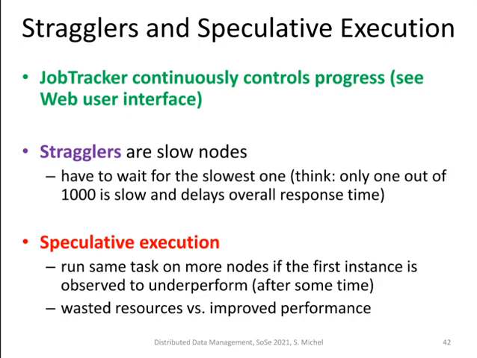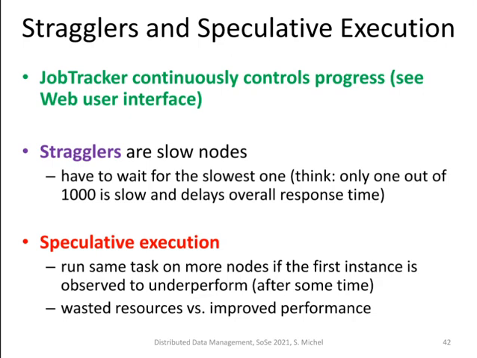There are so-called stragglers, or there can be stragglers, which are slow nodes, which are not keeping up with the pace of the others. And as you can imagine, if you have a Hadoop job consisting of thousands of nodes or processes, and one is very slow, you cannot really use the results, or you don't have the global results ready because there's one still not being able to finish.